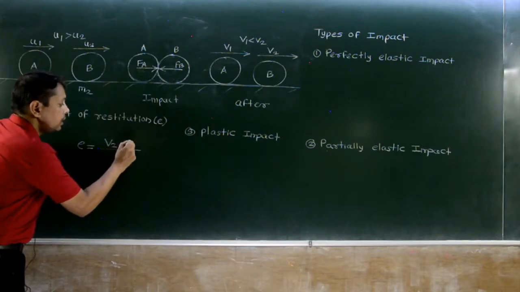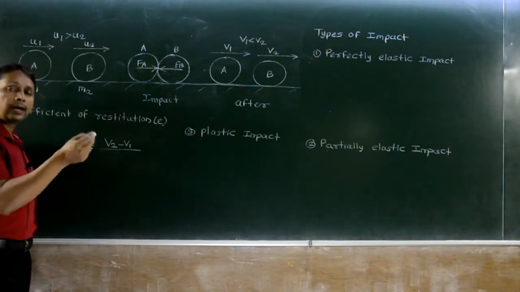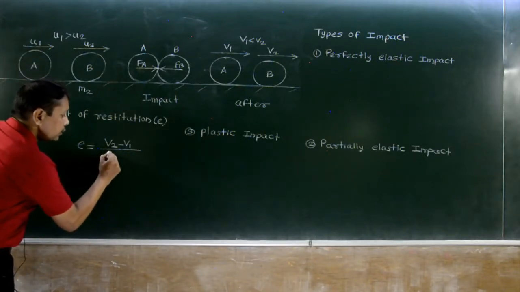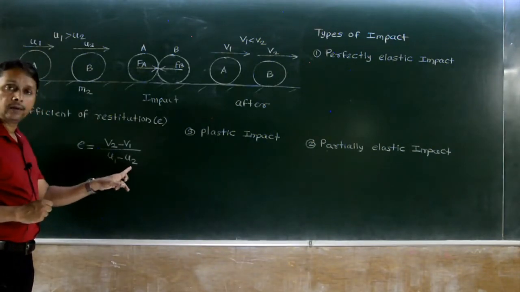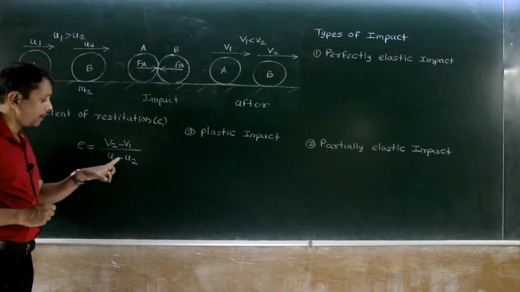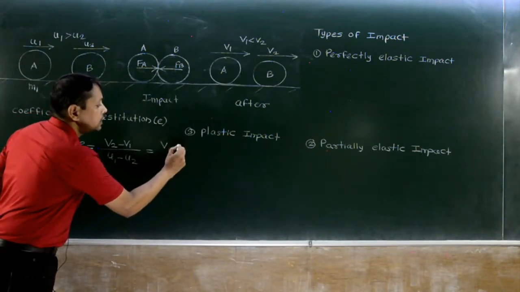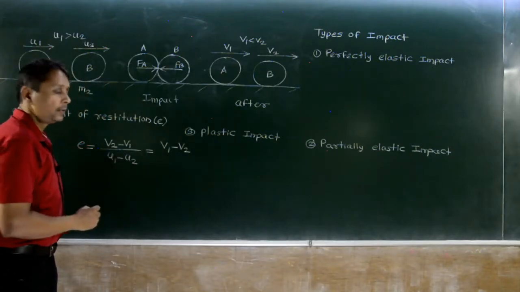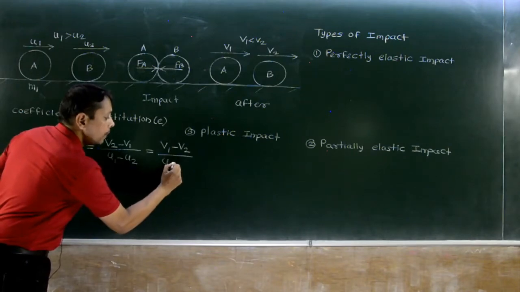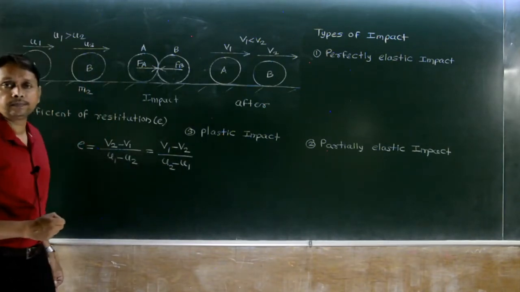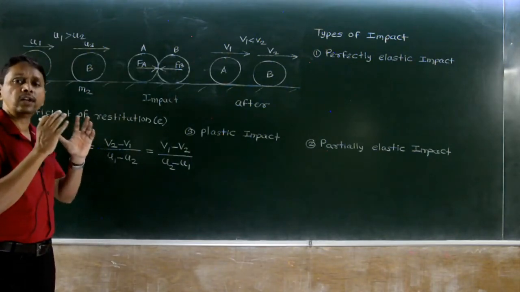So this is the relative velocity of separation. And how much is the relative velocity of approach? U1 minus U2. You have to write it this way. The cross is the same: 2 minus 1 divided by 1 minus 2. You can also write it like this, V1 minus V2, then the cross is the same, therefore U2 minus U1. Got it? Understood what I am saying? So this is called the coefficient of restitution.